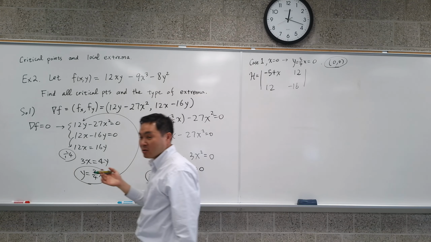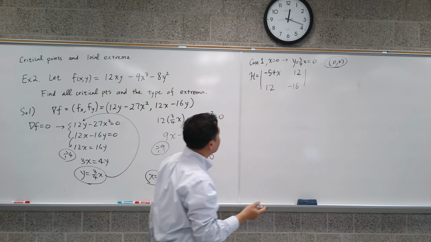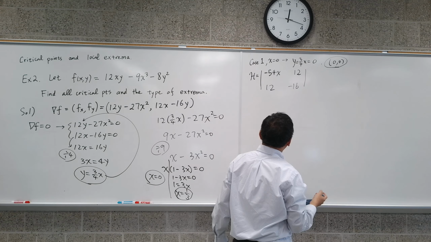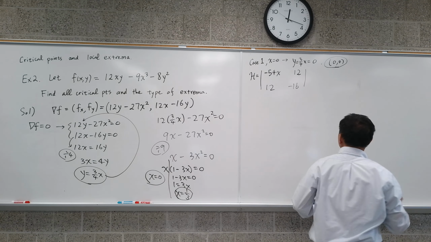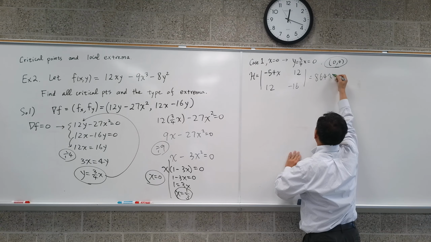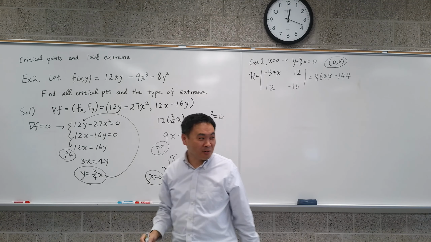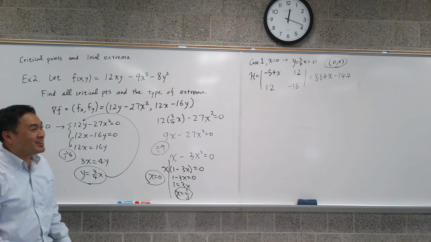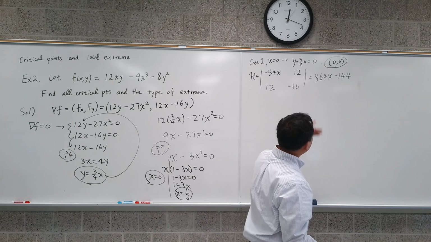Anyone help me? 864. Okay, thank you. 864. Yeah, I tried to be faster than your calculators, but I failed. It's a bit hard. All right, so that's what we have.